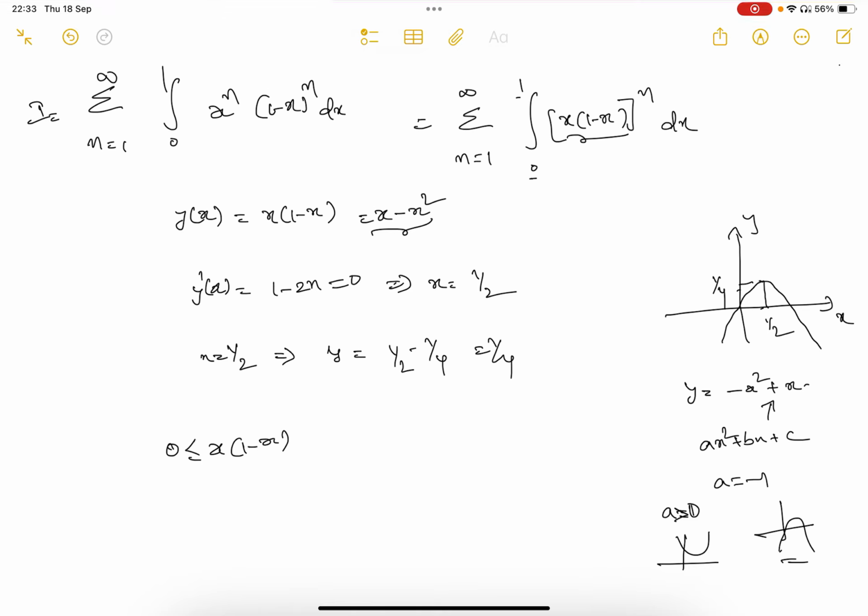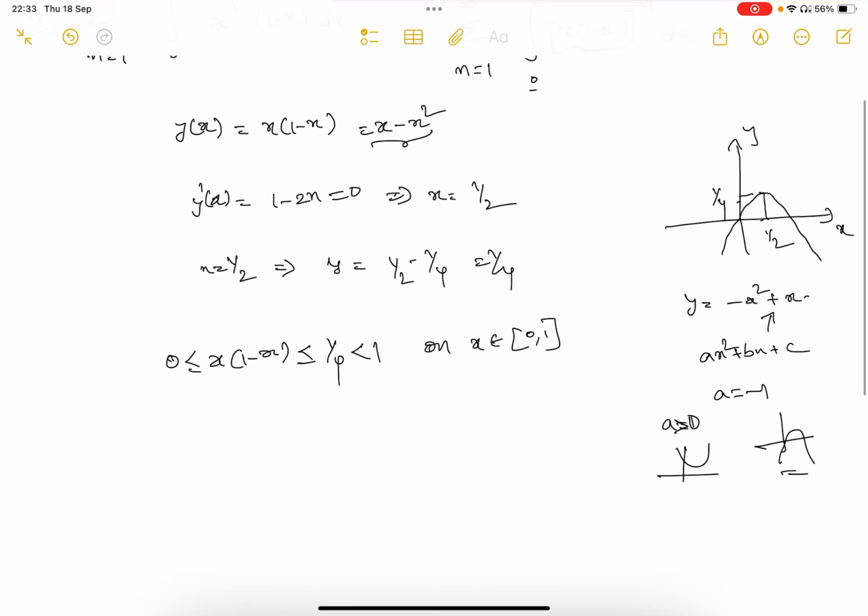As you can see here, the highest value of y function is 1 by 4. It will not cross 1 by 4, which is less than 1 on x belongs to 0 comma 1 integral.